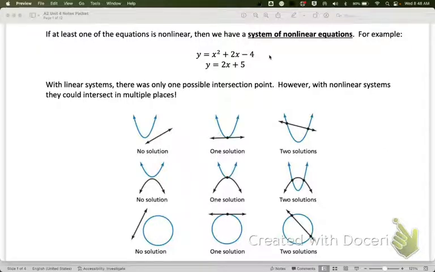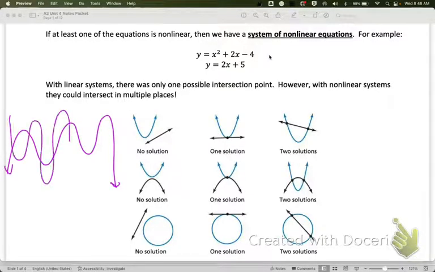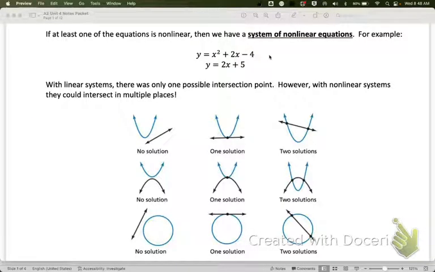Now, we're only going to look at ones that have 0, 1, or 2 solutions, but this could be extended even further if I have some sort of weird, crazy graph and then another one that crosses 1, 2, 3, 4, 5, 6, 7, 8 different times. So it doesn't have to just be limited to 2, but I'm not going to torture you with problems that have 9 solutions. So that's why we'll just be focusing on these for right now, okay?